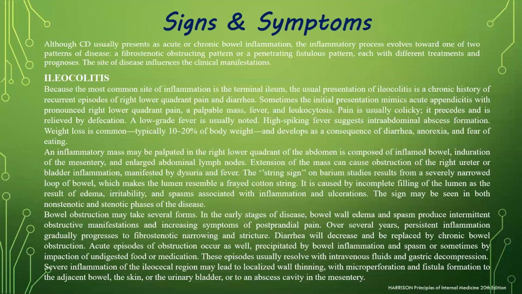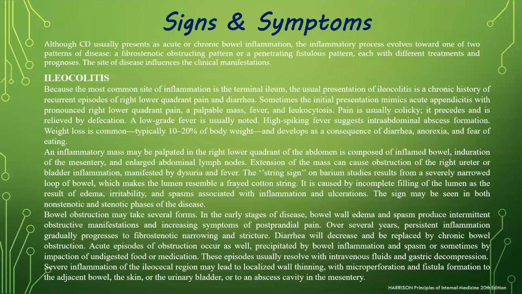Sometimes the initial presentation mimics acute appendicitis, with pronounced right lower quadrant pain, palpable mass, fever, and leukocytosis. Pain is usually colicky, preceded and relieved by defecation. A low-grade fever is usually noted. High spiking fever suggests intra-abdominal abscess formation. Weight loss is common and develops in consequence of the diarrhea, anorexia, and fear of eating.